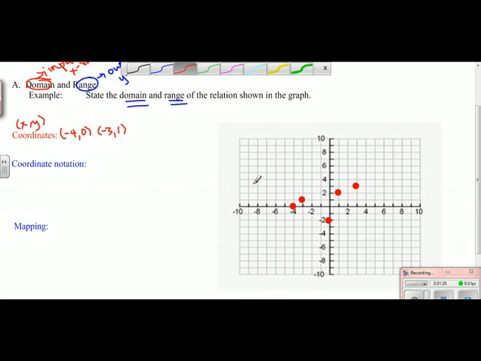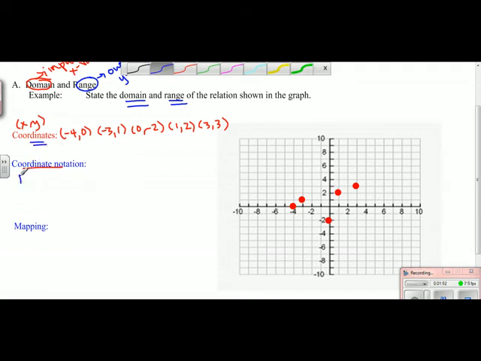Our coordinate for this point is 0, -2. Our coordinate for this point is 1, 2, and our coordinate for this point is +3, +3.